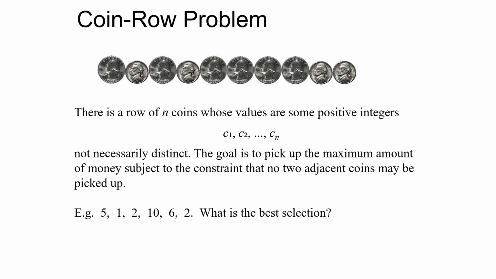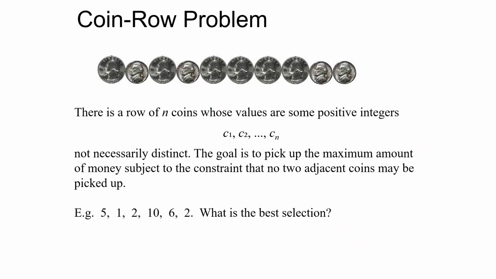You have coins of denominations 5, 1, 2, 10, 6, and 2. You want to pick up the maximum value that you can under the constraint that no two adjacent coins can be picked up. Forgetting about the dynamic programming solution, let's just look at what the solution is.